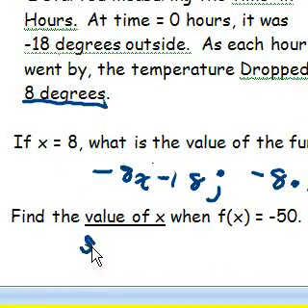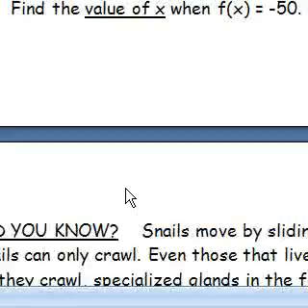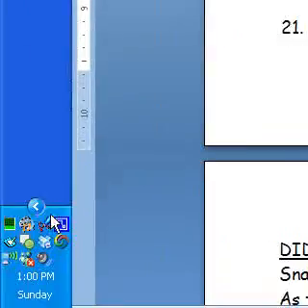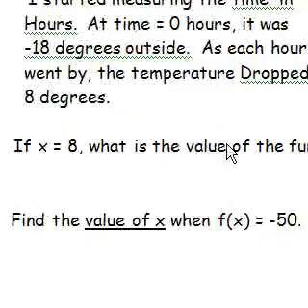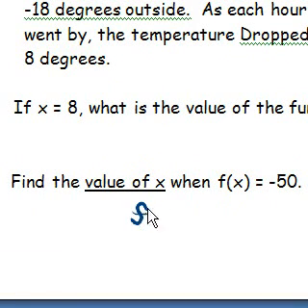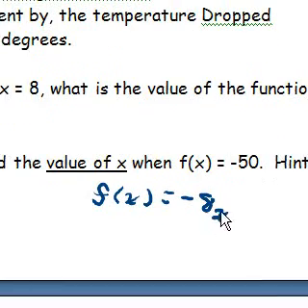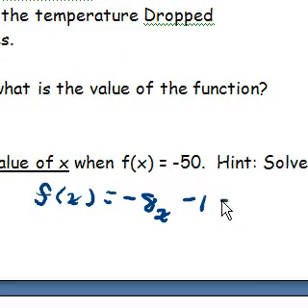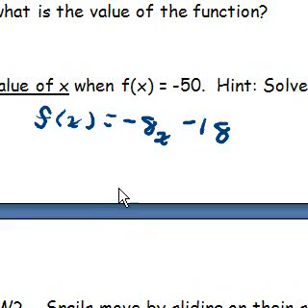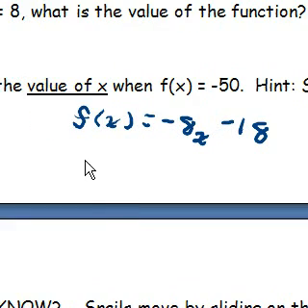So remember our function, I'll rewrite it again: f of x, our rule, is negative 8x minus 18. So if f of x equals negative 50, in my example, if the temperature outside was negative 50 degrees, how many hours went by?